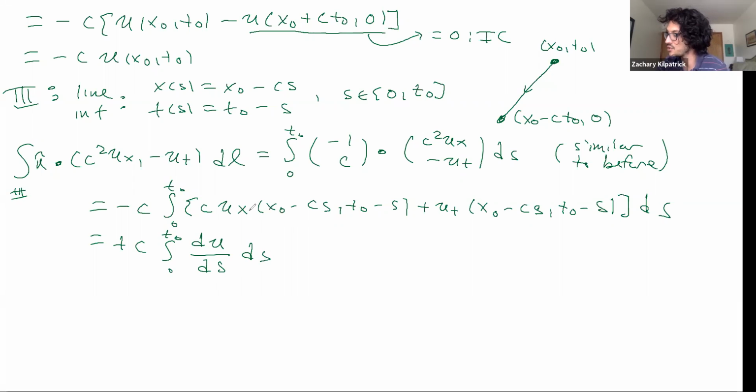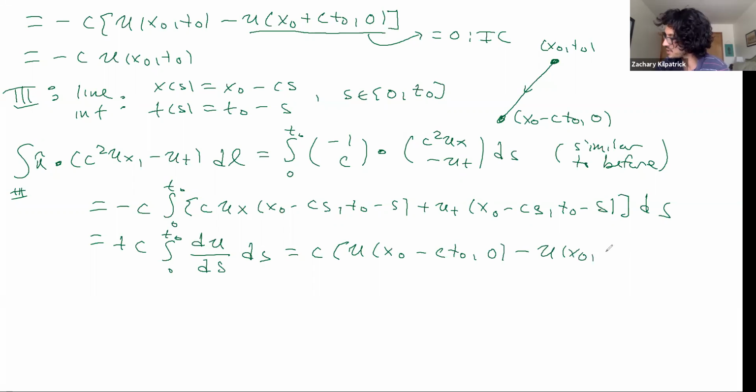So if I differentiate u with these arguments with respect to s, then I'm going to get a negative term popping out of each. I'm going to get an additional term of c coming out in the case of u sub x. So I need that negative term, so that cancels out the negative that I had before. Now I can use just the fundamental theorem of calculus to integrate this up and just evaluate it at the limits, okay?